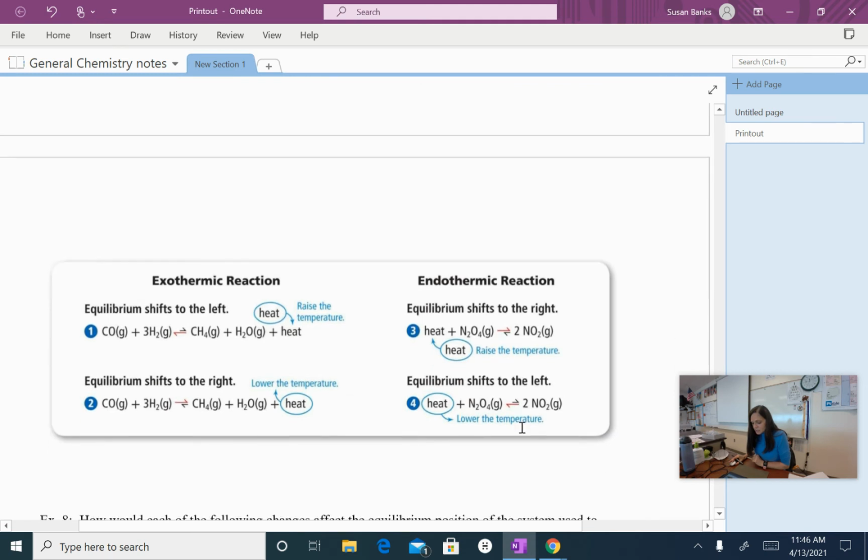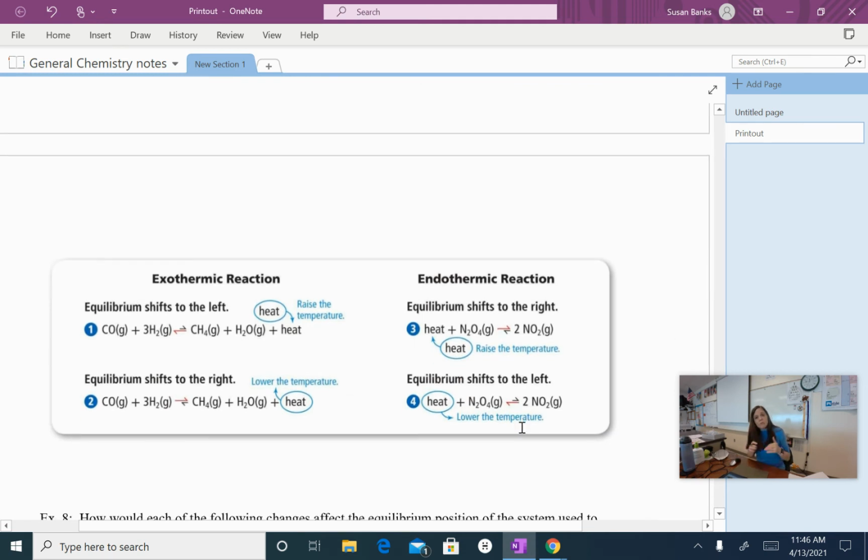Now, if we do the other way with energy, so if I have an exothermic reaction, this means that the delta H is on the right-hand side. I'm releasing energy. Notice heat is part of our products. It's on the right-hand side. If I raise the temperature, that makes the product side really heavy.